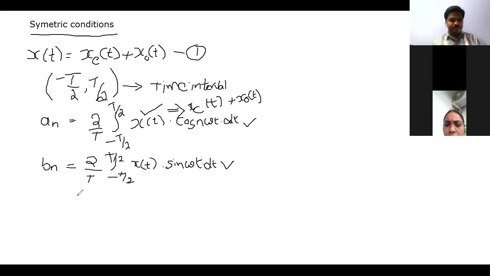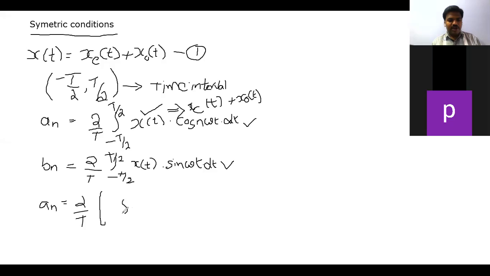Now we will see. So an is equal to, you just substitute x of t is equal to xe of t plus x naught of t. So 2 by t is common, multiplied by, now see here, this entire integral has been split up into two parts.